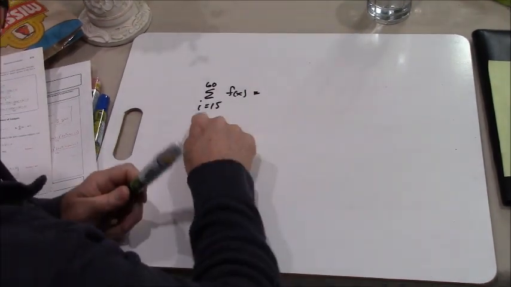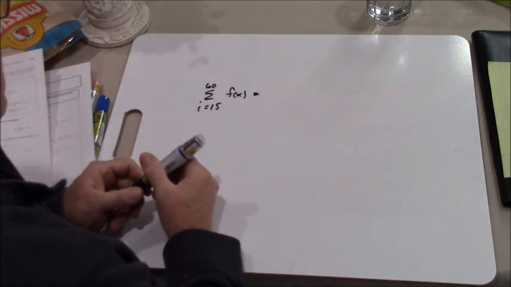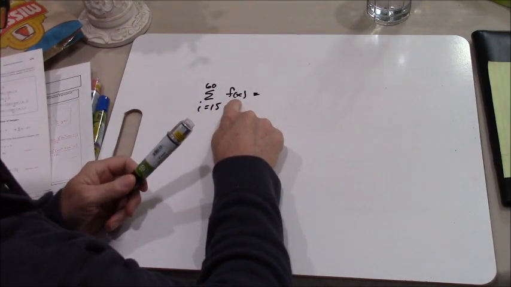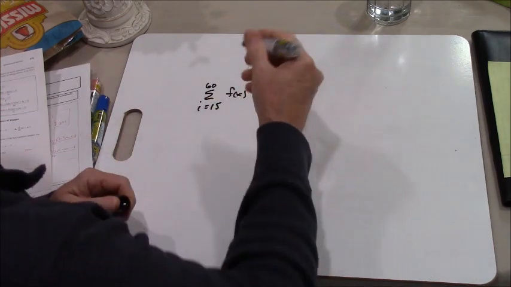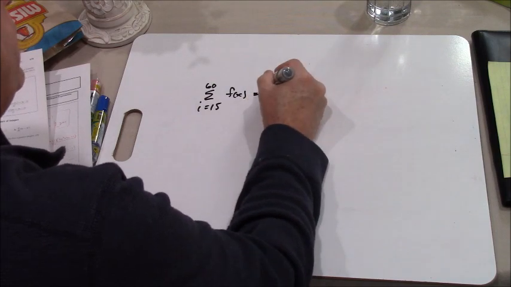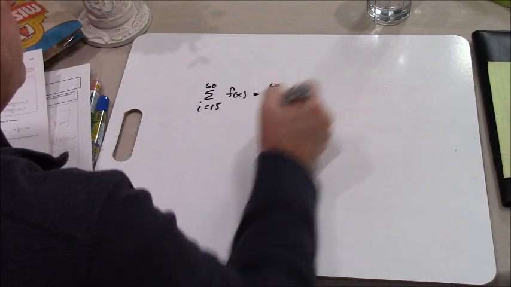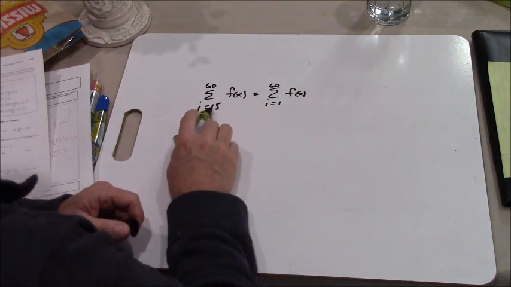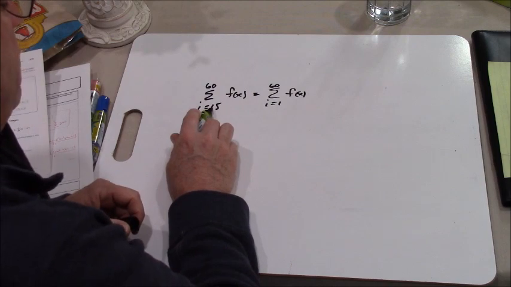All right, so here's an example of one where it doesn't start at 1. How would I do this? Well, I don't really care what f of x is right now, but I know that the formulas only work when you start at 1. So what I would have to do is the summation for i equals 1 to 60 of whatever this is. And I didn't really want the first 14 of these, right?